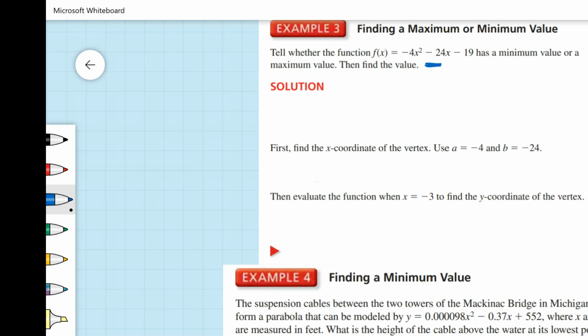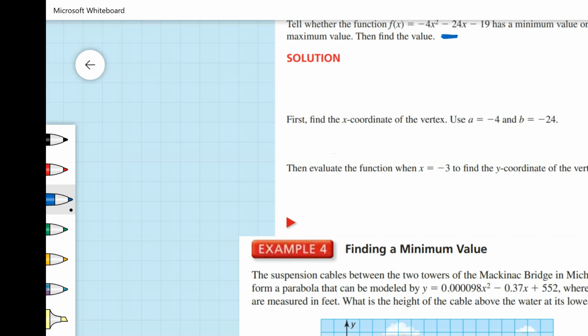So now that we have our x value, we can substitute that into our equation to find the y value. And again, this is something we would absolutely use a calculator for. So we have y equals 0.000098 times 1,888 squared minus 0.37 times 1,888 plus 552.